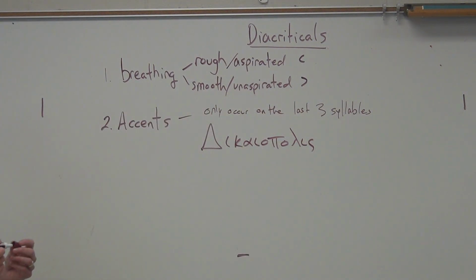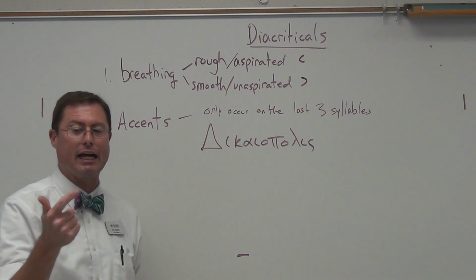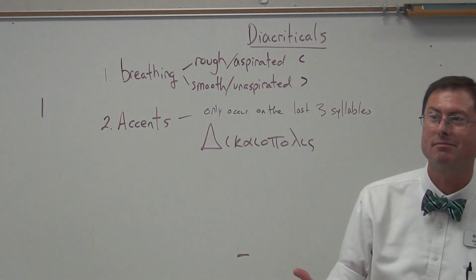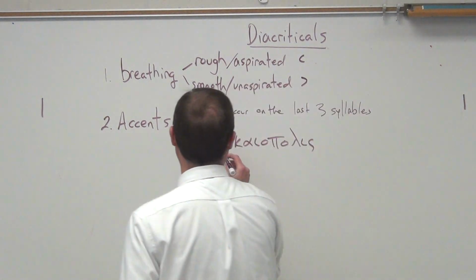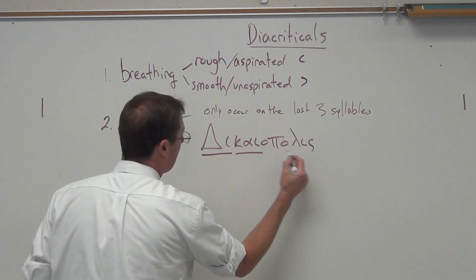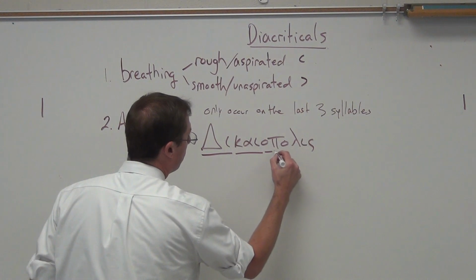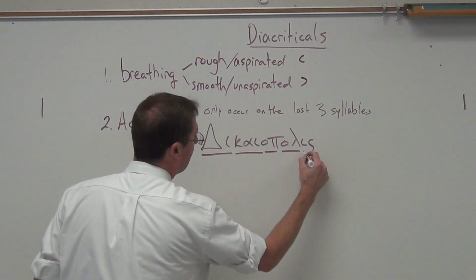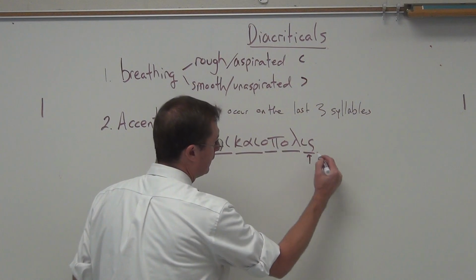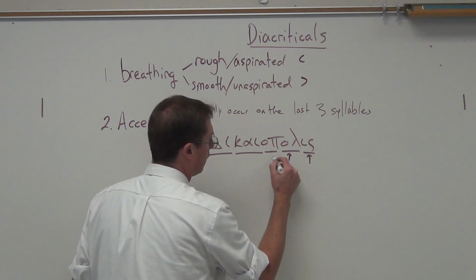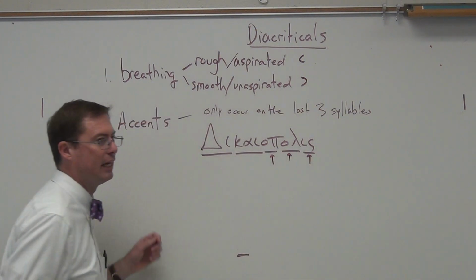If we all say it together, everybody: Diacriticals. How many syllables are in his name? Five. You have Di, a, cri, ti, cals. So, the only syllables that an accent can go on are this one right here, this one right here, and that one right there.